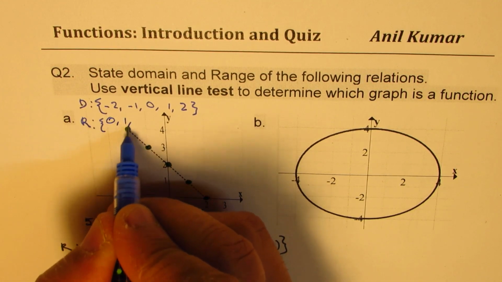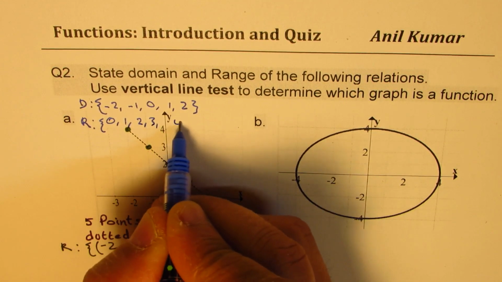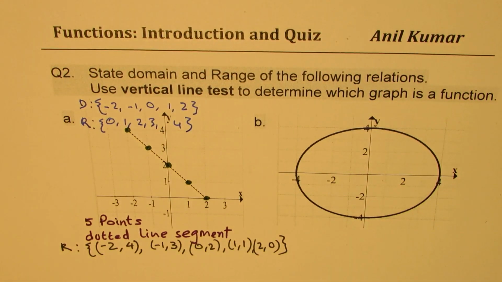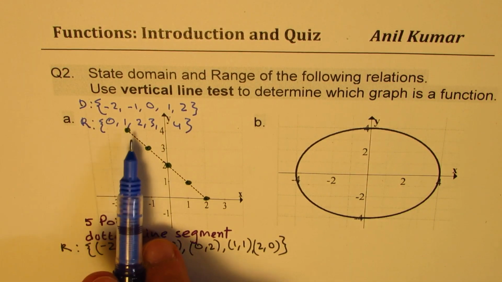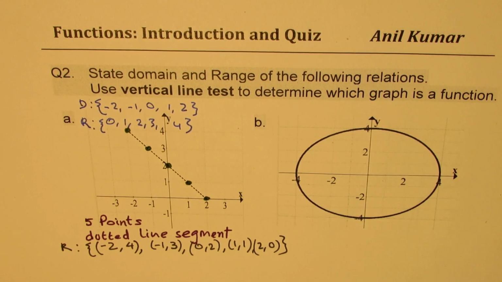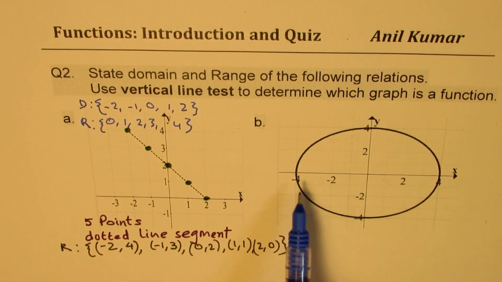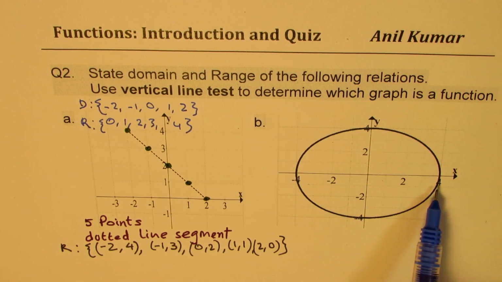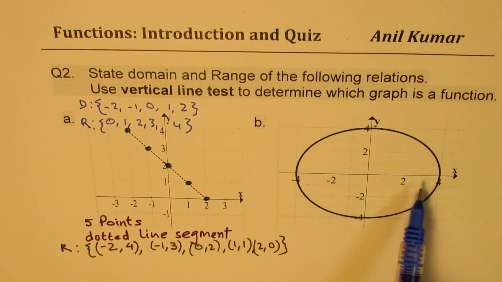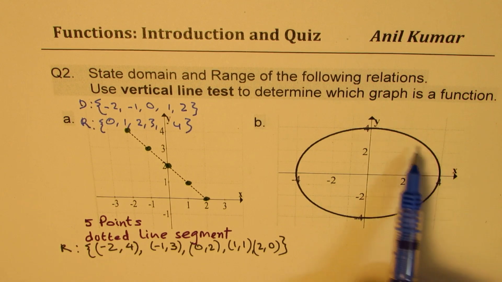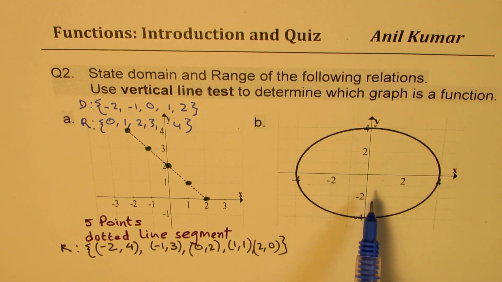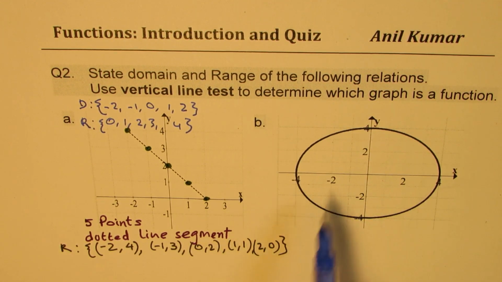I could also write this as 0, 1, 2, 3, and 4. Is that clear? So it is a finite discrete set of elements. Perfect. Now here, in a circle, you need to write, and there, since we have a solid line, it is continuous, so all real numbers. Correct? So that is the difference between the two.